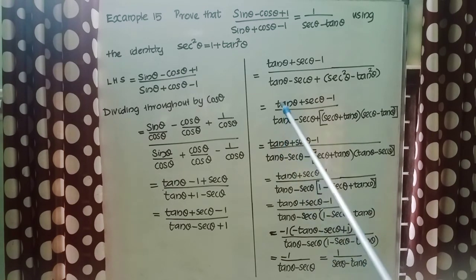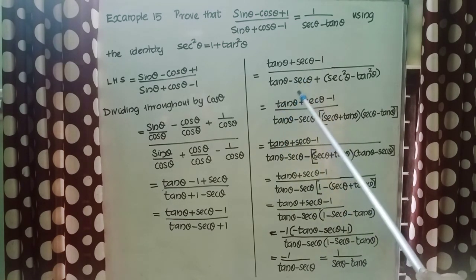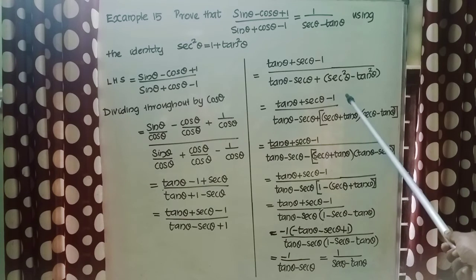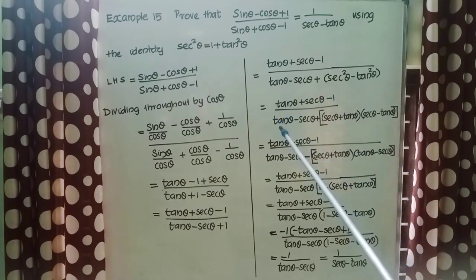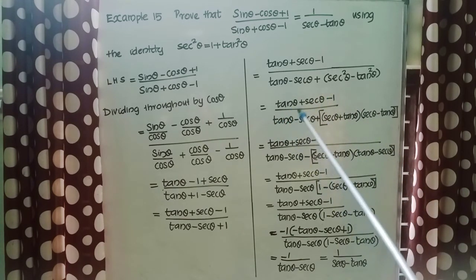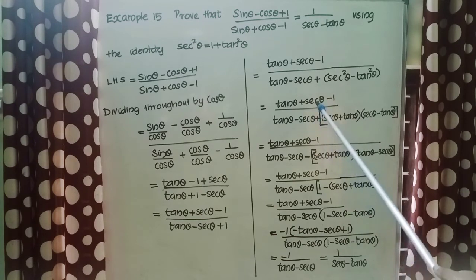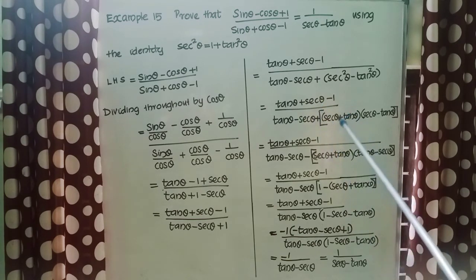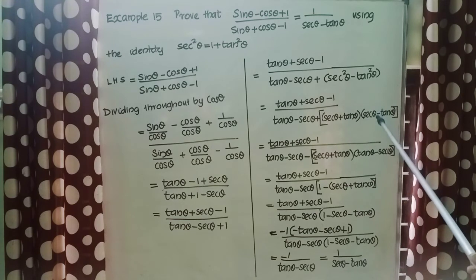So we get (tan theta plus sec theta minus 1) whole divided by (tan theta minus sec theta plus (sec theta plus tan theta) into (sec theta minus tan theta)).